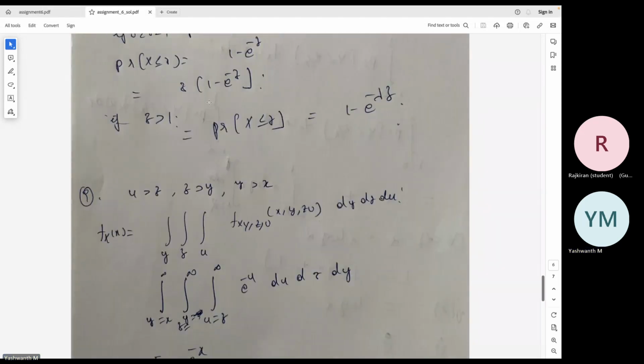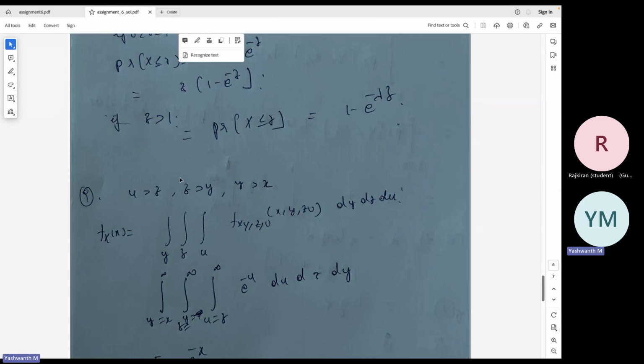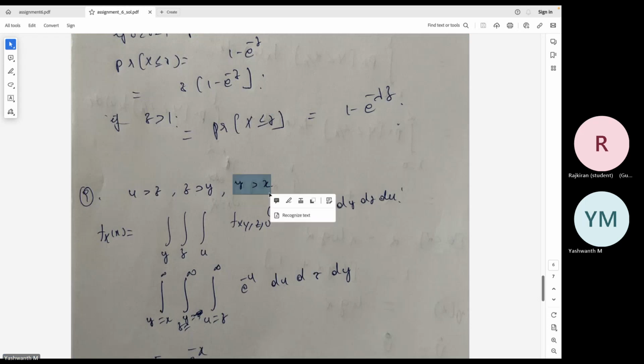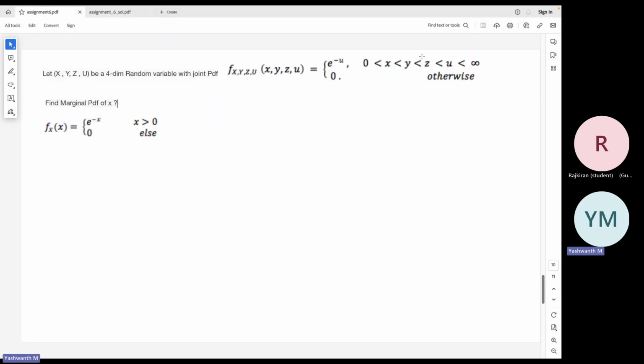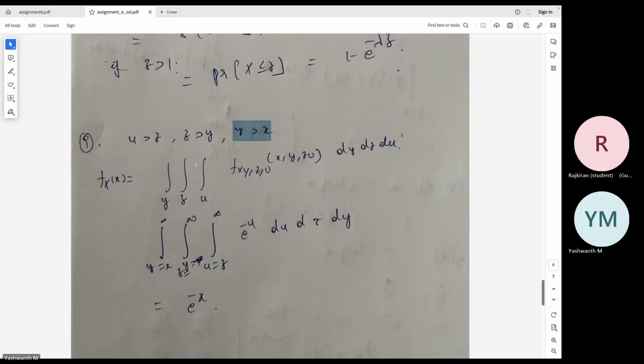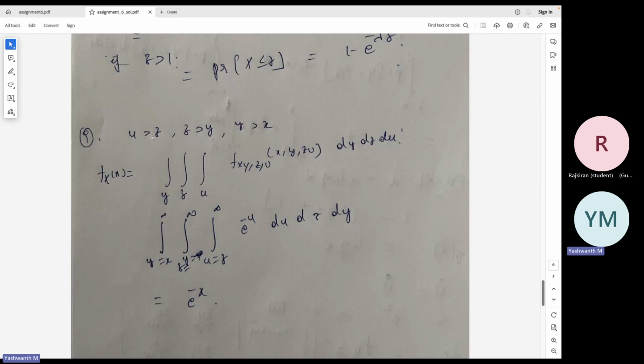From the question you can see that u is greater than z, z is greater than y, and y is greater than x. Because u is greater than z, u goes from z to infinity, and z is greater than y, so z goes from y to infinity, and y is greater than x, so y goes from x to infinity.